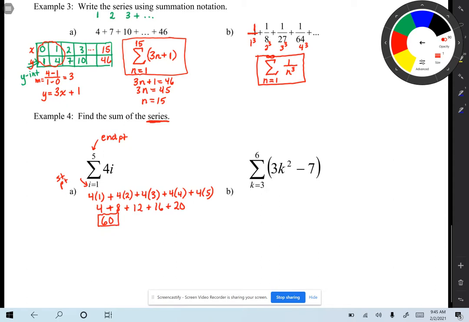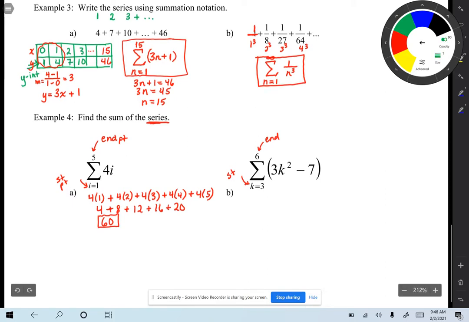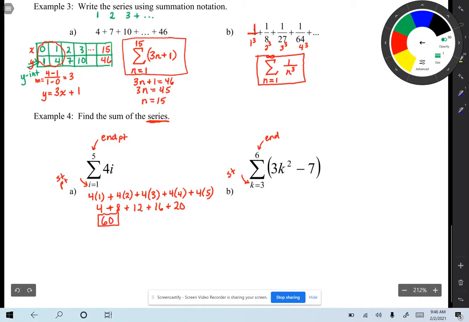Okay, our next one, notice the starting point is not 1, it's specified that it starts at 3. So start, end. You're going to replace k with 3 first, then 4, then 5, then 6, not 1, 2, 3, 4, 5, 6. So really pay attention to the lower limit of summation. We might need a little bit extra room, so I'll write small. I'm going to do brackets.